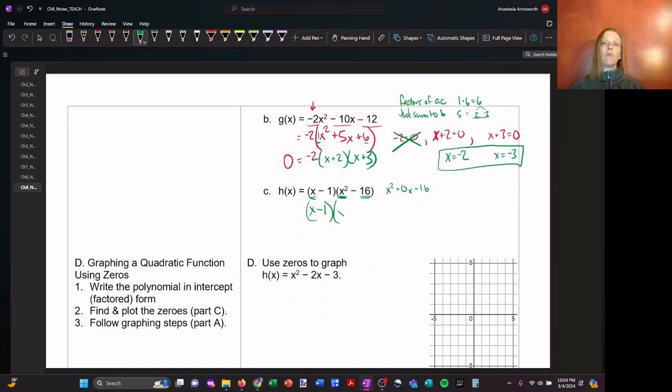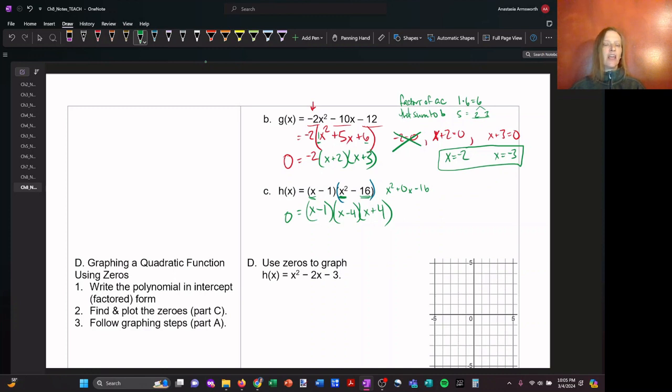But we're going to have x minus 4 times x plus 4 as our factors for this x squared minus 16 term. Okay, I now have a fully factored function. I need to set this equal to 0 if I want to find the roots of my function, the intercepts of the function.